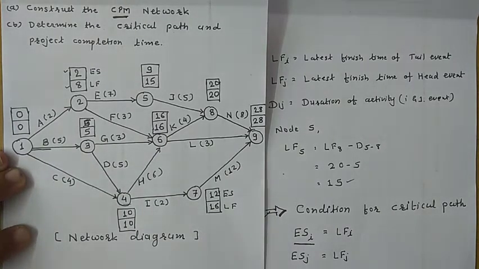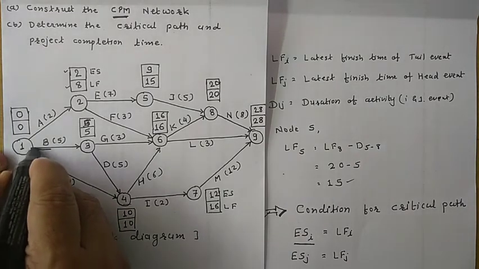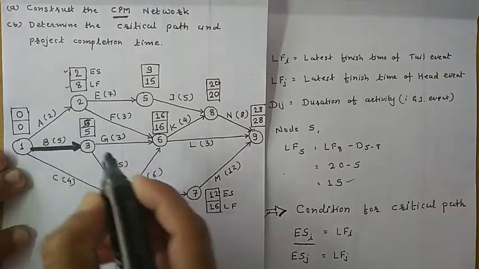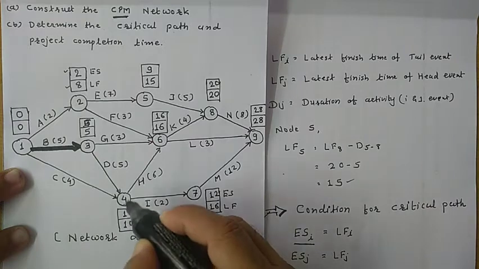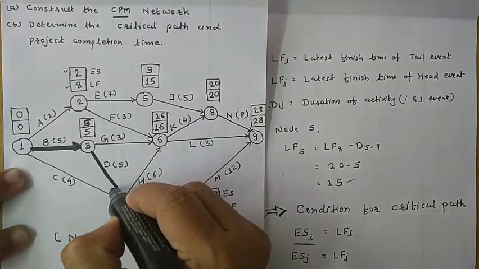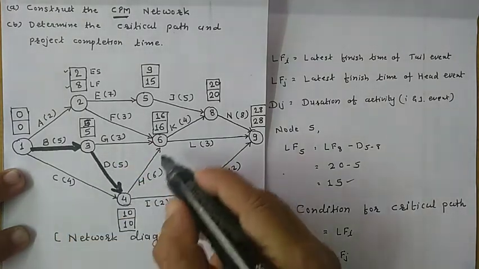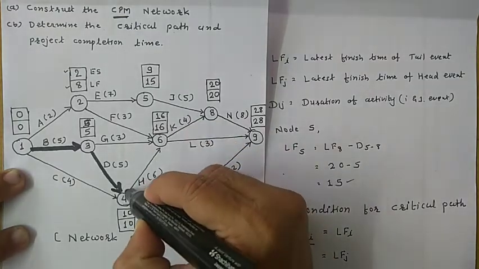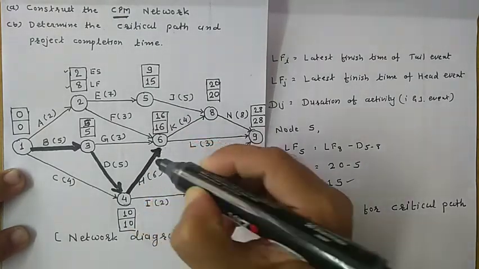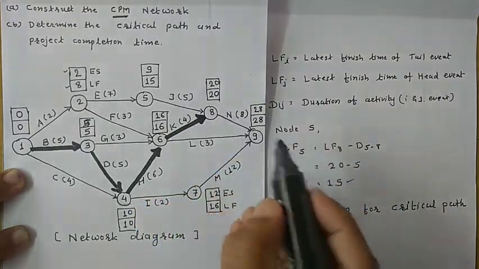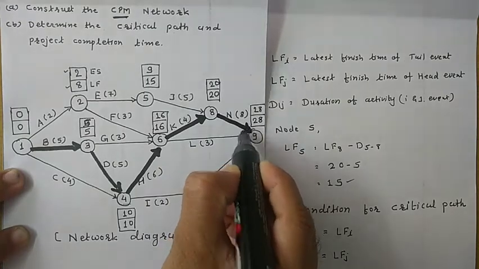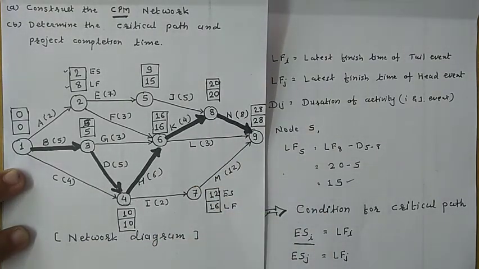So 1 to 3, where both values are the same, then 3 to 4, then 4 to 6, 6 to 8, 8 to 9. So this is our critical path.